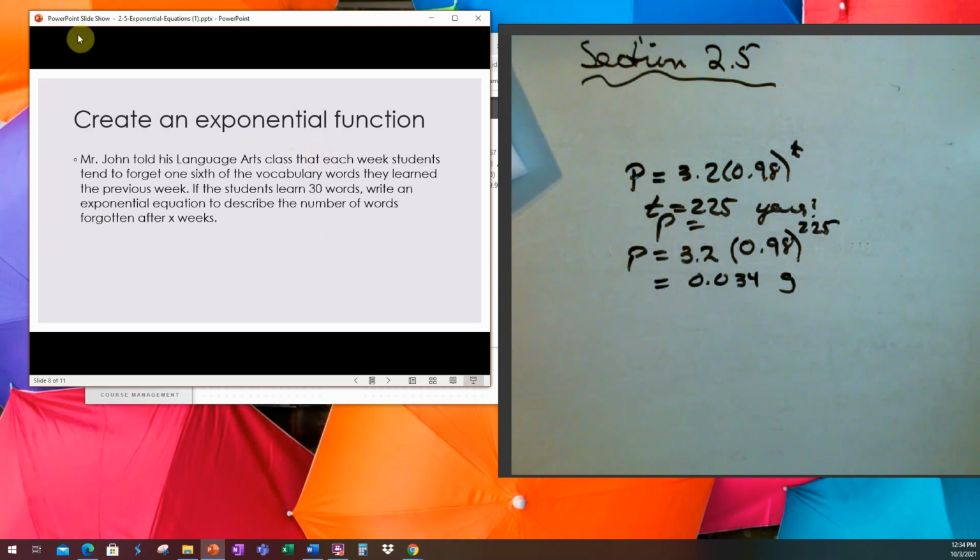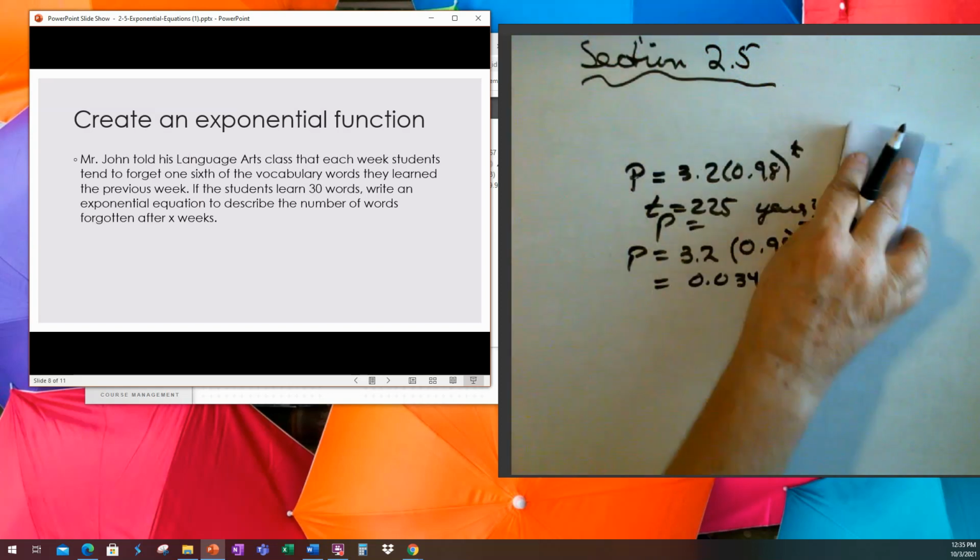So create an exponential function. Mr. John told his language arts class that each week students tend to forget 1/6 of the vocabulary words they learned the previous week. If the students learn 30 words, write an exponential equation to describe the number of words forgotten after 6 weeks.